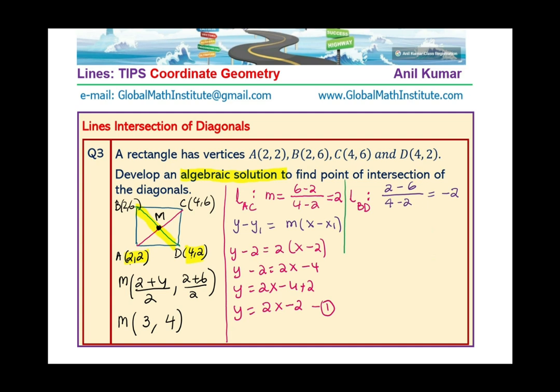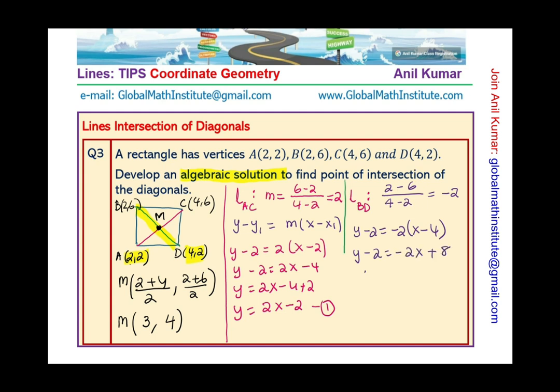So the second equation will be y minus a y value of 2 equals to the slope of minus 2 times x minus 4. So y minus 2 equals to minus 2x plus 8. y is equal to minus 2x plus 8 plus 2, or we get y equals to minus 2x plus 10.